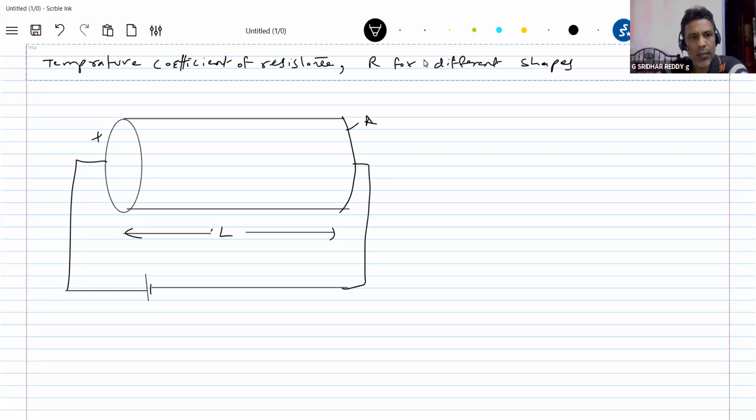Now this end will be positive, this will be negative, and an electric field is set up. Let's assume a positive charge. What is the state of this positive charge? It will move in a zigzag path, and the net will be the drift speed.